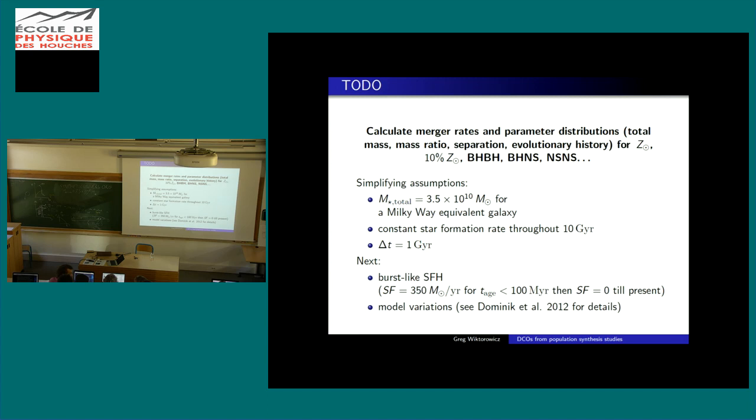Otherwise, if you lower this delta t, the merger rate will fluctuate strongly. So what I propose gives some numerical and statistical stability, whereas 1 billion years for constant star formation gives nearly the same merger rate as for a smaller time.